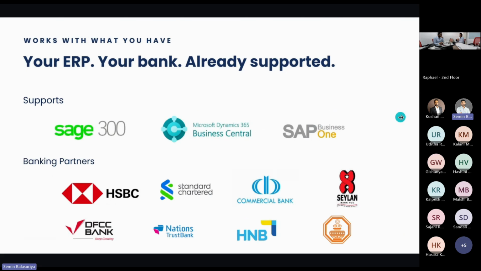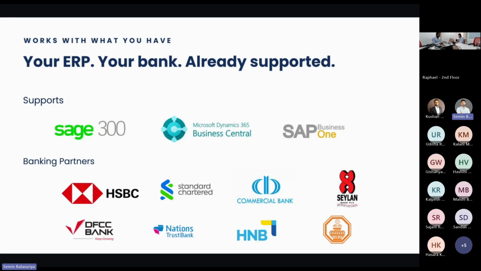And moving forward, to give an overview of where OneHub is right now connected, we support the ERP systems, which are Sage 300, Microsoft Dynamics 365 Business Central, as well as SAP B1, covering SAP S4 HANA as well.